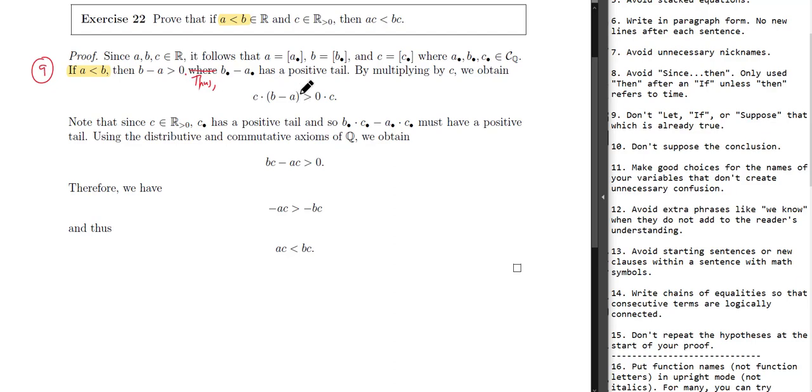And that's what you are using right here, right? You're trying to use what you're trying to prove. So we can't do this. This assumes that the conclusion is already true. So that's a problem.